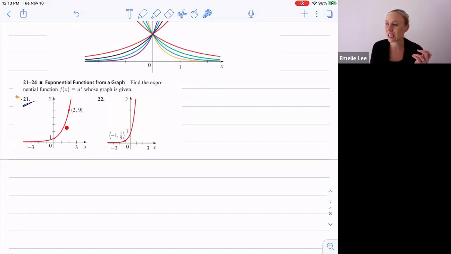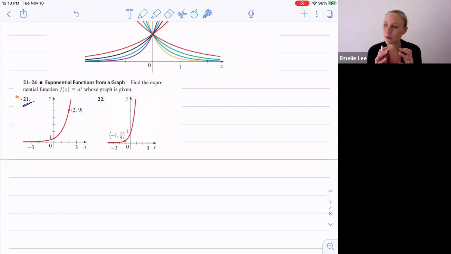I can't remember if you had one or two like this on your assignment for 3.1, but you might, where you're given a point. A point is information about x and y.